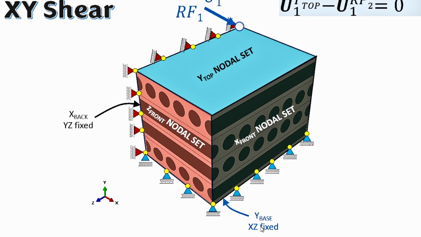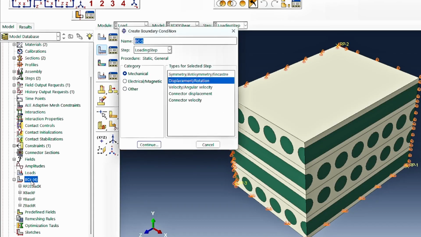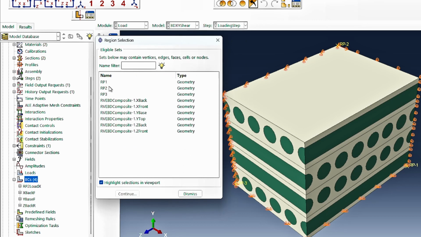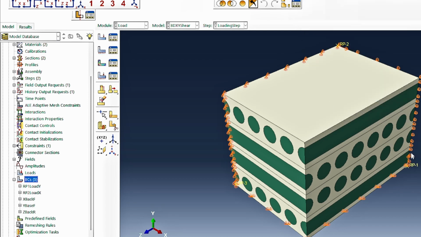Then the next thing we need to add there is a deformation at reference point 1 in the y-axis. So we create that and call it reference point 1 load in the y-axis. It's going to be on reference point 1, and we want to apply it in the y-axis, and that y-axis has a unit of 100, so 10 would be what we need. So again, you have a load in that point that is active there.